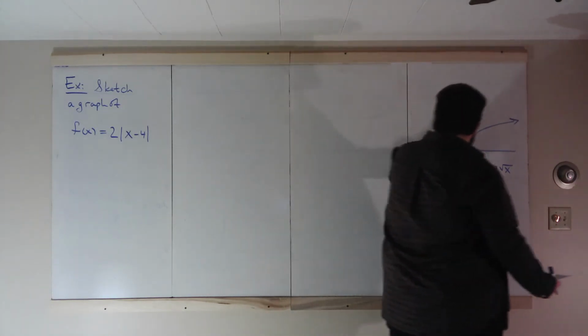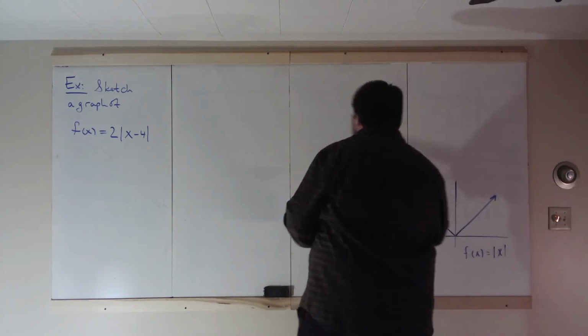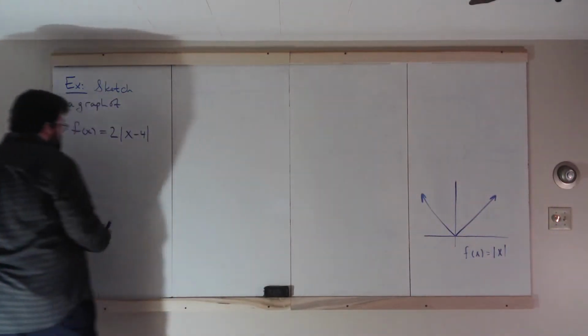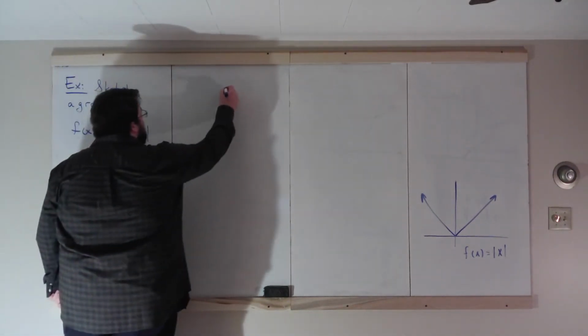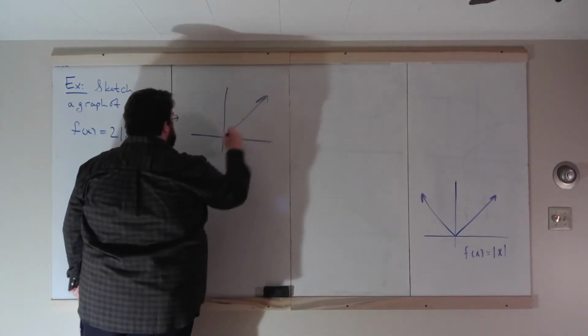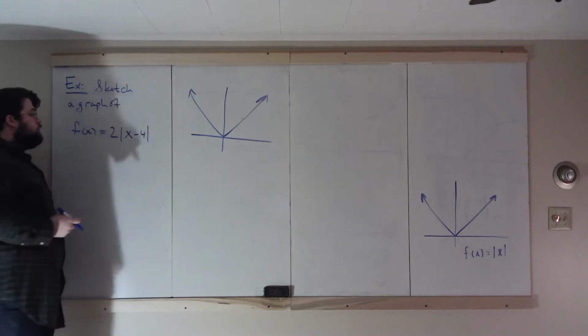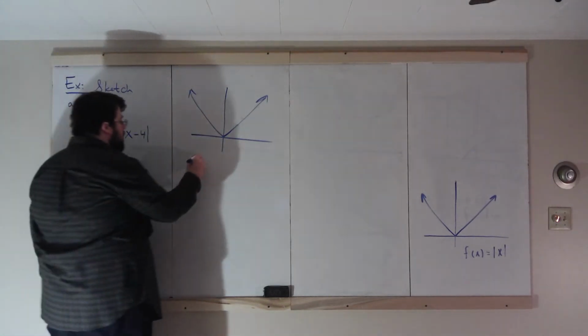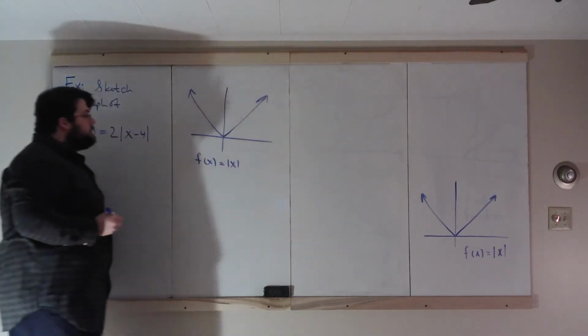So let's do that. I might erase this in a moment. Yeah, I probably will. So we're going to start right here. What we're going to do is start with the absolute value function and then build 2 absolute value x minus 4. And the way we do that, well, we start with our absolute value function.